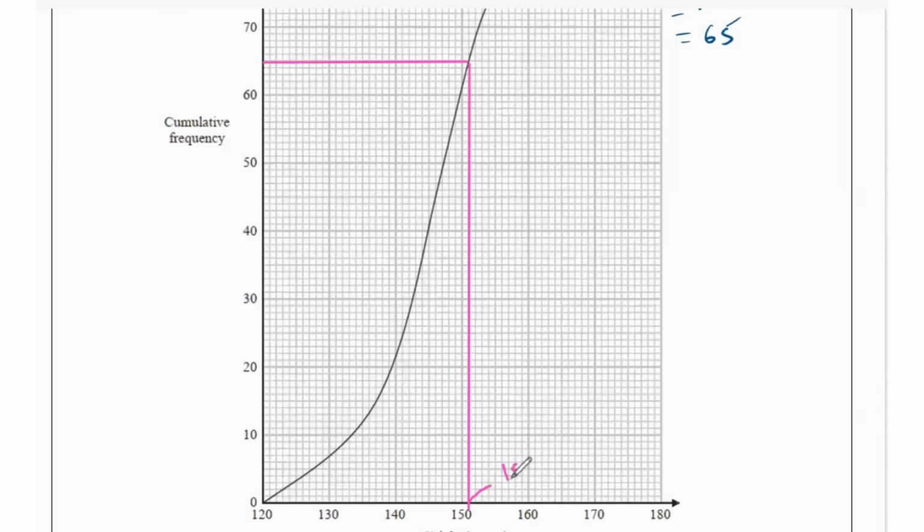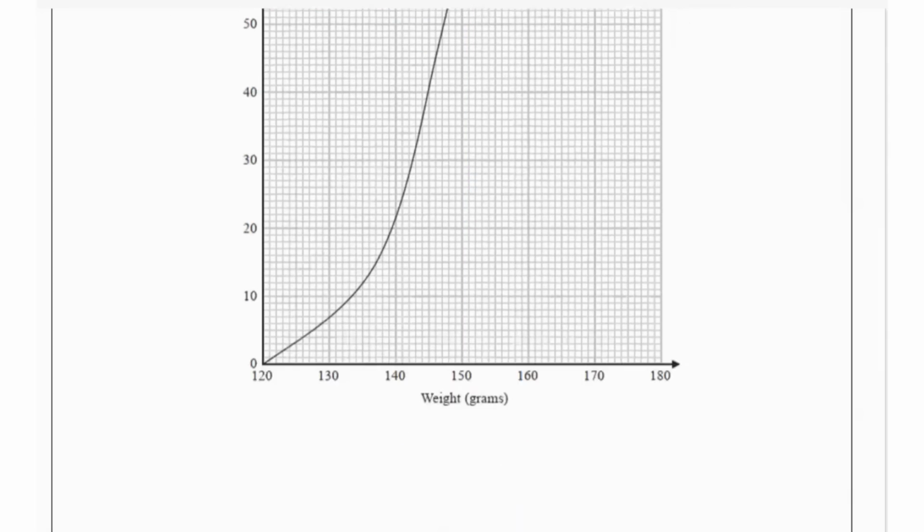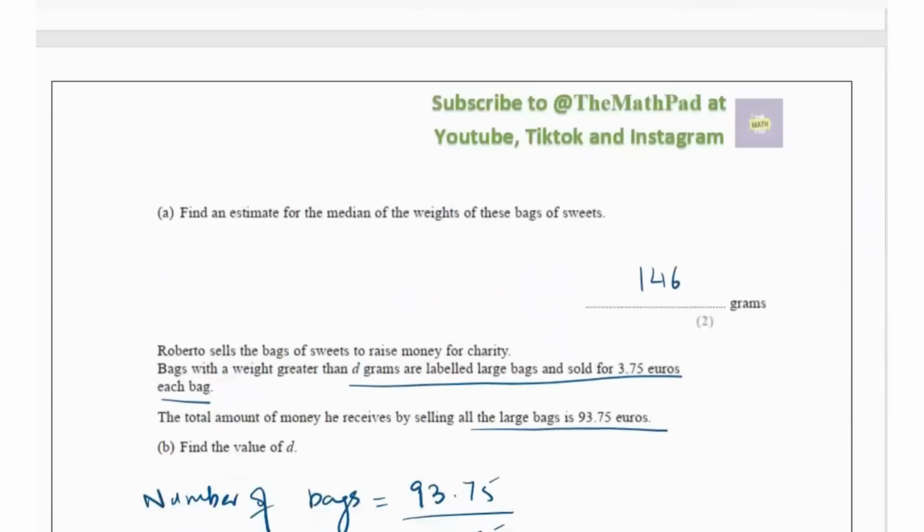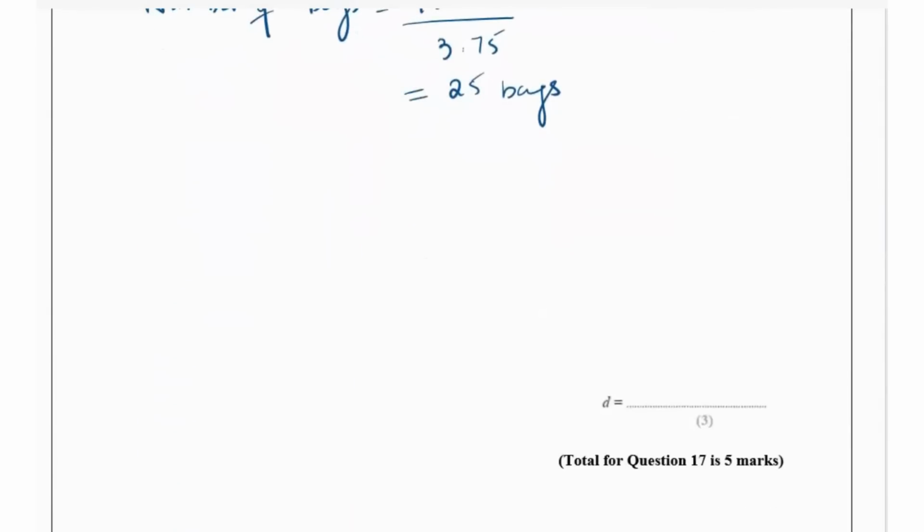So d is 151 because between 90 and 65, which is your 25 bags, these weigh more than 151 grams. Hence d is 151.